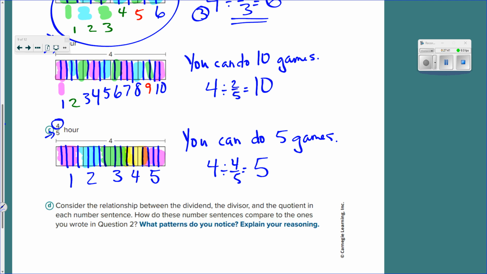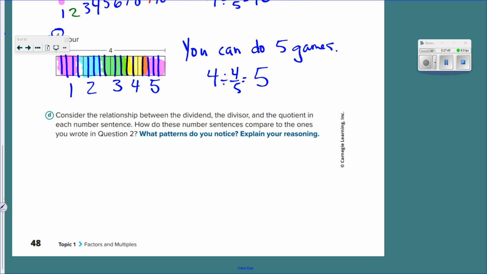Okay, good. The big key on this, and actually let's just go ahead and add this here. We didn't do this with our first period. So if the fraction is in your divisor, the denominator tells you how many each block is being split into.